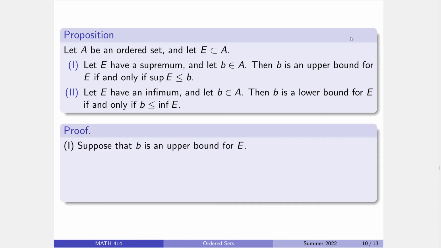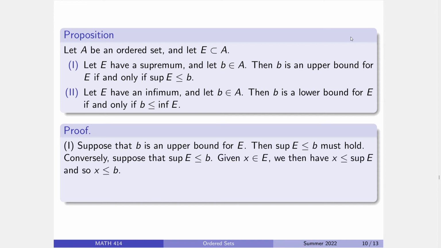Okay, so, again, this is a nice, straightforward, and simple proof, so let's go through it. Suppose that B was an upper bound for E. Well then, sup E is the smallest one, so sup E is less than or equal to B. Likewise, suppose you had something bigger than the sup. Well, everything that lives in E has to be less than or equal to the sup, because it's an upper bound, and then by transitivity it must be less than B. So B's got to be an upper bound.